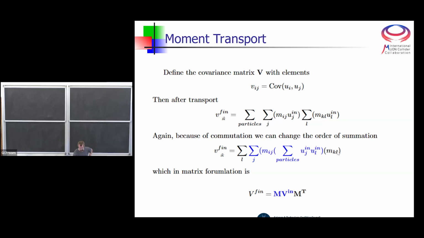And the point is, this blue thing looks like matrix times the input covariance matrix. And then this thing actually looks like the transpose of M times this. So we can transport second moments using this relationship here. Okay. Good.